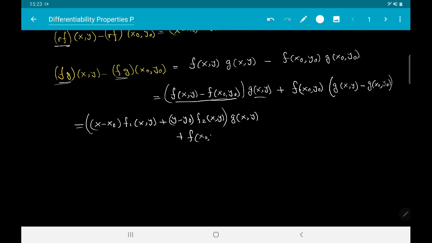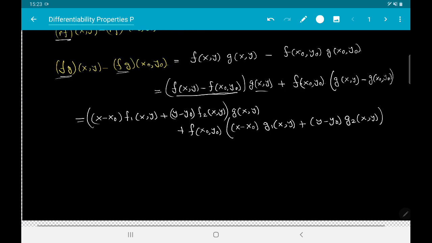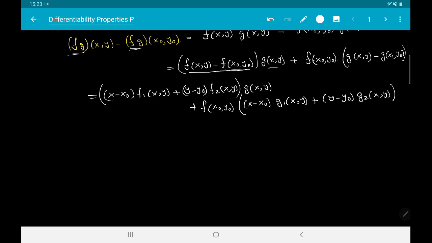So f(x0,y0) times, and this from equation 2, what do we get? This is x minus x0 times g1(x,y) plus y minus y0 times g2(x,y), and now it is only a matter of clubbing together the terms which have x minus x0 as a multiple, and the terms which have y minus y0 as a factor.